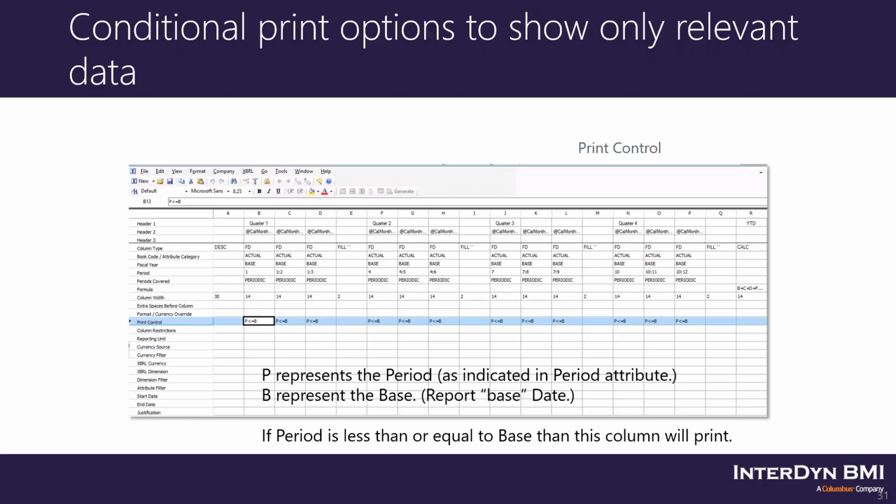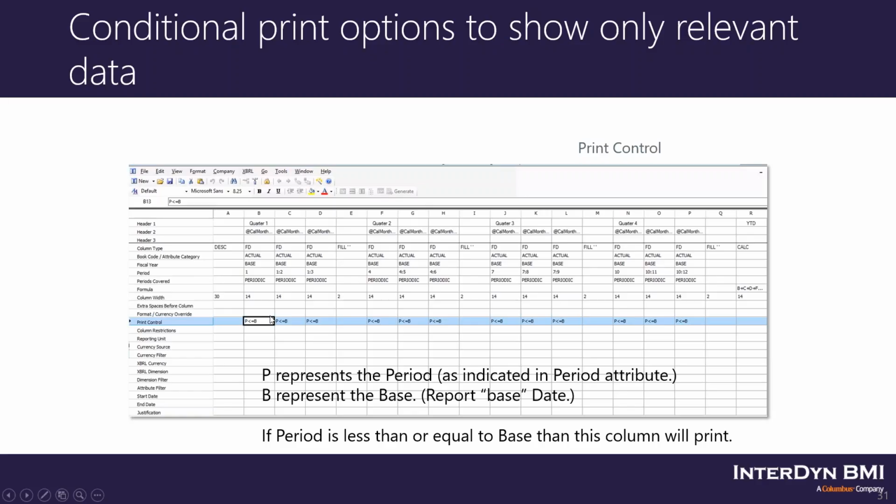So I think this formula might be a little bit wrong, but what this is doing is saying in the print control, you've got period is less than or equal to the base. So P represents the period, which you have defined up here in the period attribute, and B represents the base date of the report.